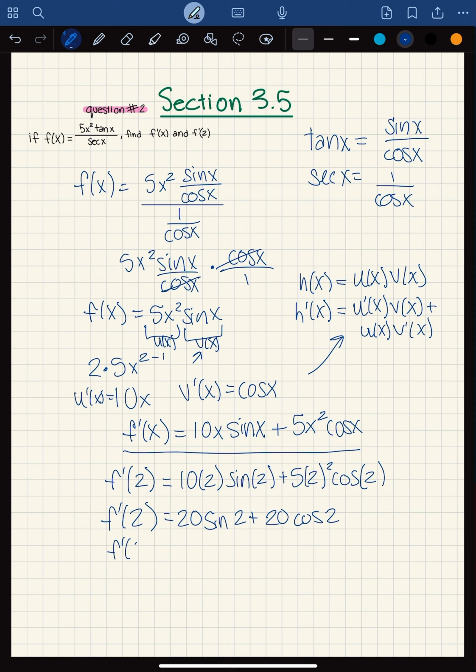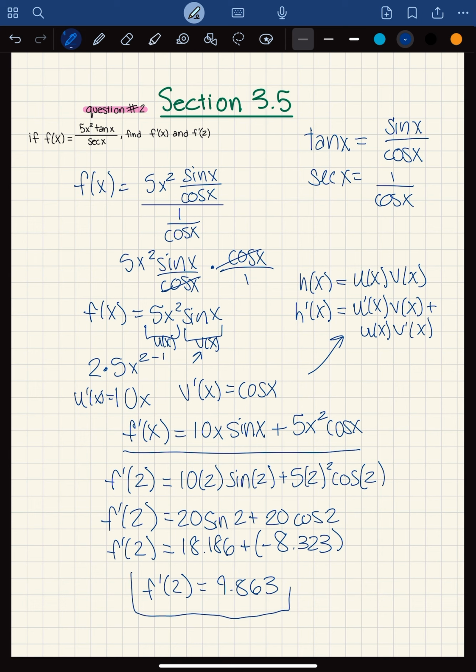And I got 18.186 plus negative 8.323, and then the final answer for f prime 2 would be 9.863. So, make sure your calculator is in radian mode. And those are your final answers.